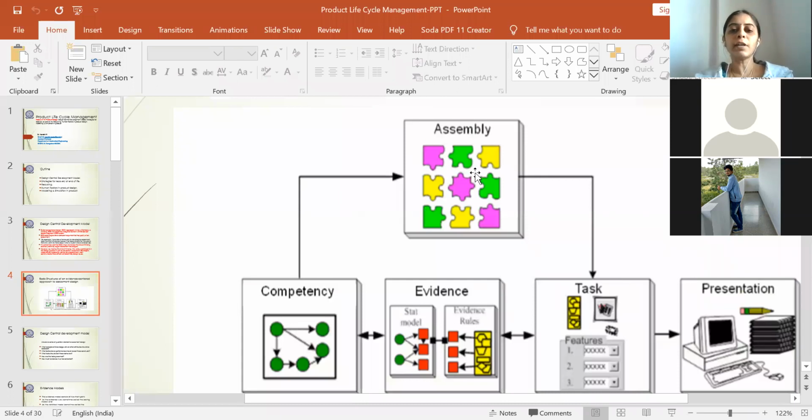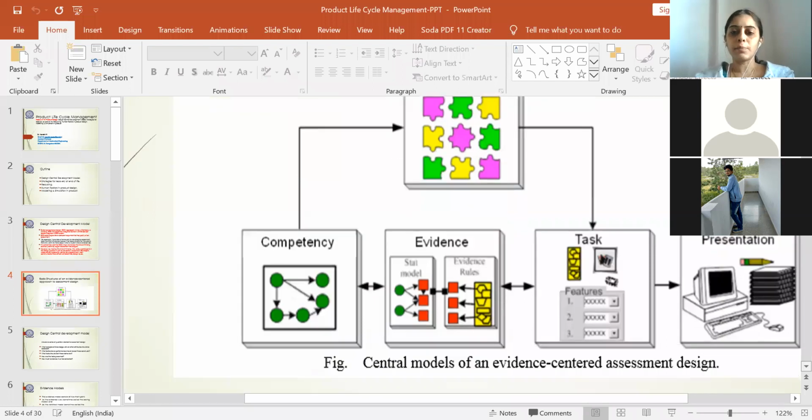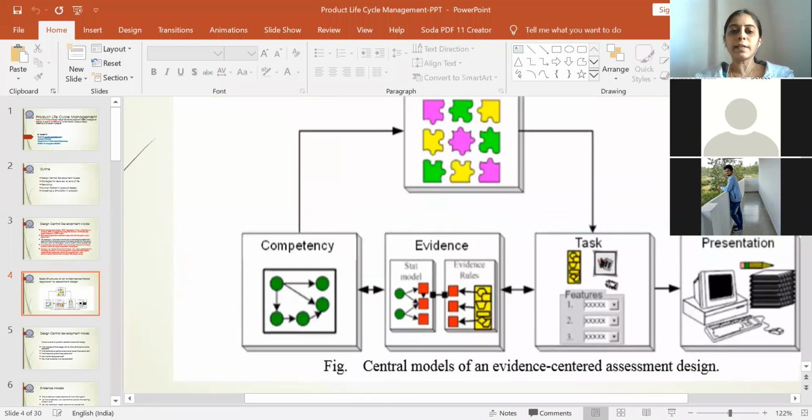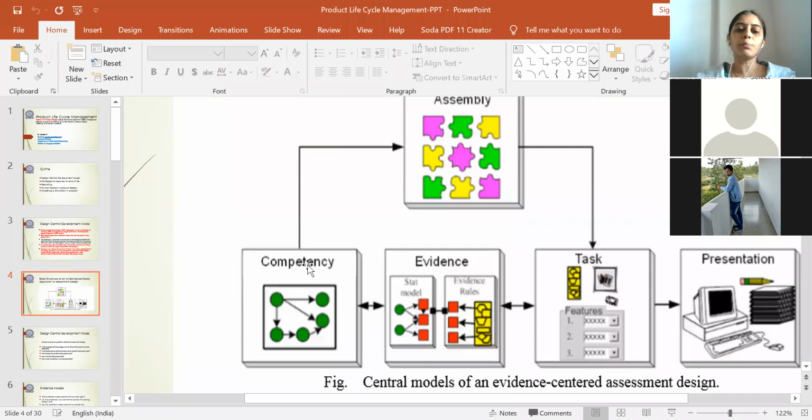Each part here will be manufactured with respect to the tolerance range which has been given already, right? Based on that, each part will be mated to each other to get an individual product. If there is any problem in assembling, then it will be taken care of with the competency section and the task.